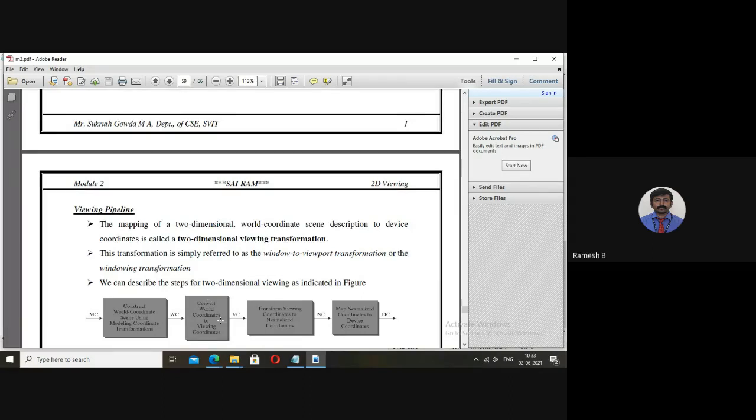World coordinates are converted into viewport coordinates. After the viewport, they are converted into normalized coordinates, NC stands for normalized. After that, they are converted into display coordinates.